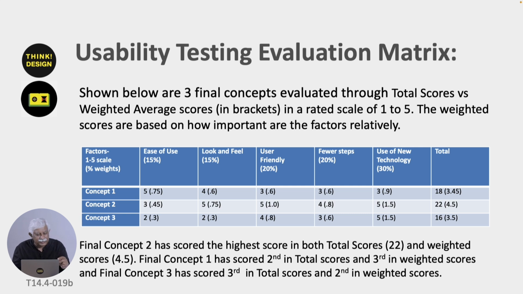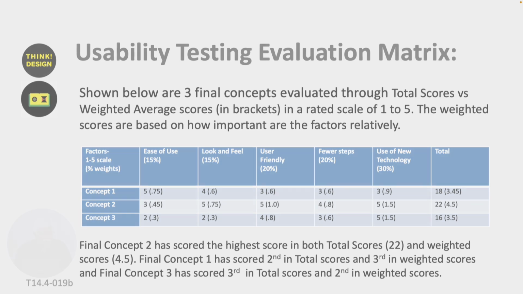So it obviously looks like concept 2 is the one you need to take forward. This is a very simple method of using a matrix for evaluation, with weighted averages as well as regular scores, and then you can make a decision on what to take forward.